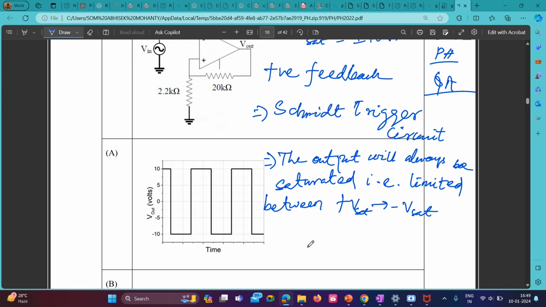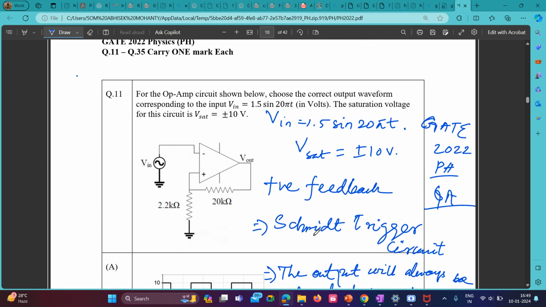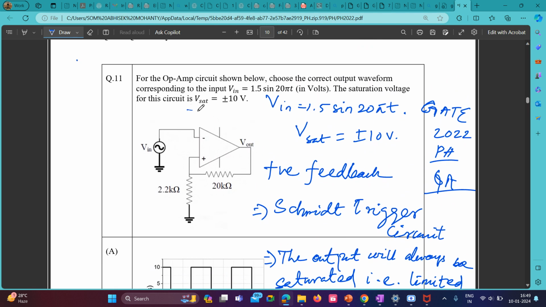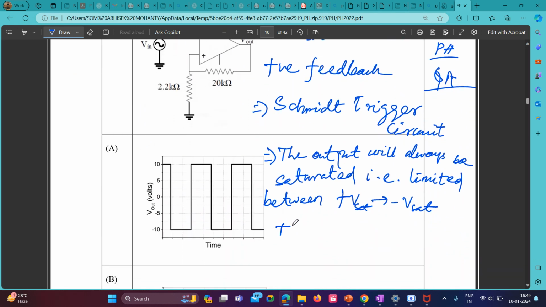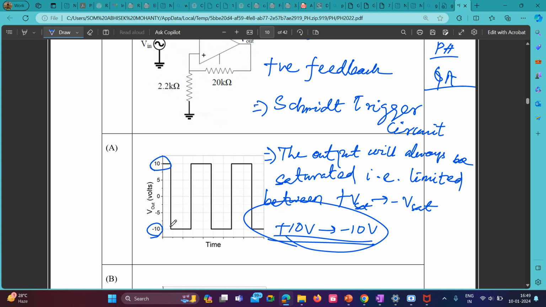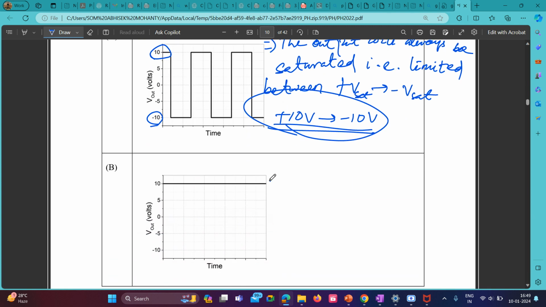What is plus V saturation here? V saturation is given as plus or minus 10 volt. So plus V saturation is plus 10 volt and minus V saturation is minus 10 volt. This is the limit of the output, so the output will be between plus 10 and minus 10. Option B is only at plus 10, so this is not possible.